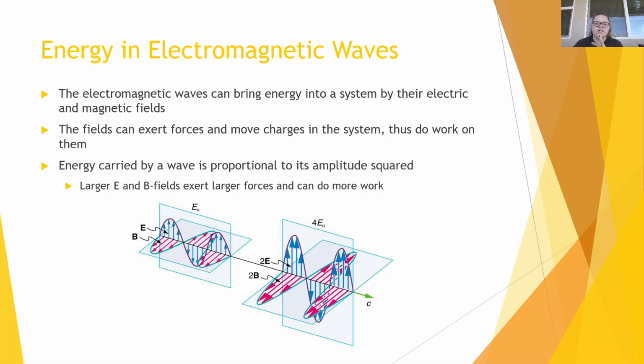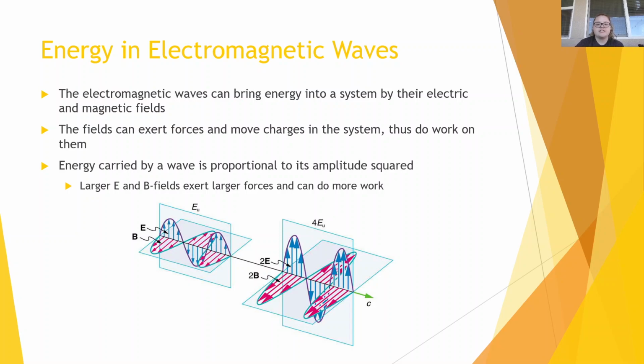This will provide some energy, and if we double those two values, so now we have 2E and 2B, we get our amplitude squared, meaning we will have 4 times the amount of energy, since 2 squared is 4. The larger electric and magnetic fields exert larger forces, therefore do more work.